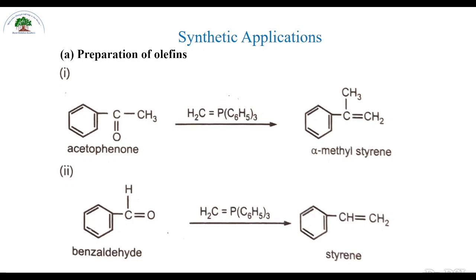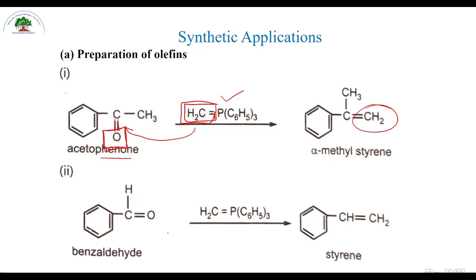So remember, in the phosphorus ylide, whatever part is there on the phosphorus will directly attach, doubly bonded, to this carbon. This is the only reaction that is going to happen in the Wittig reaction.